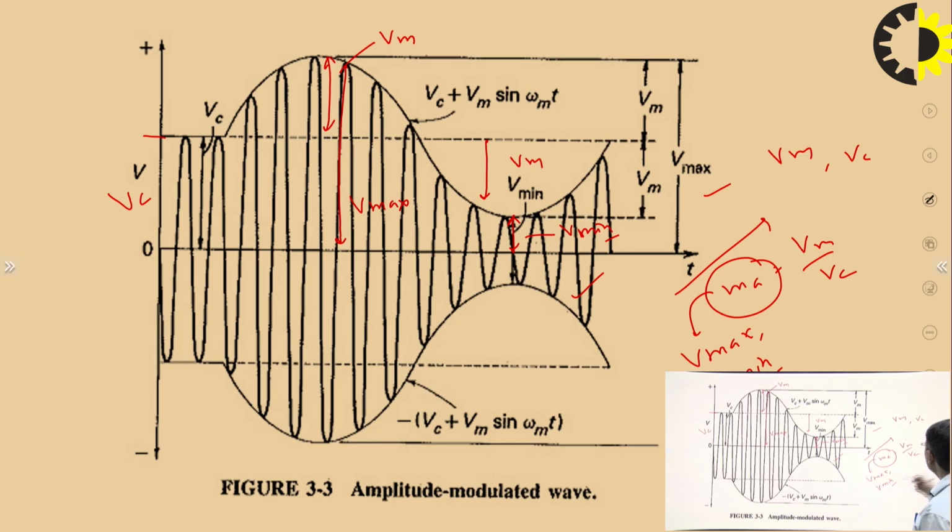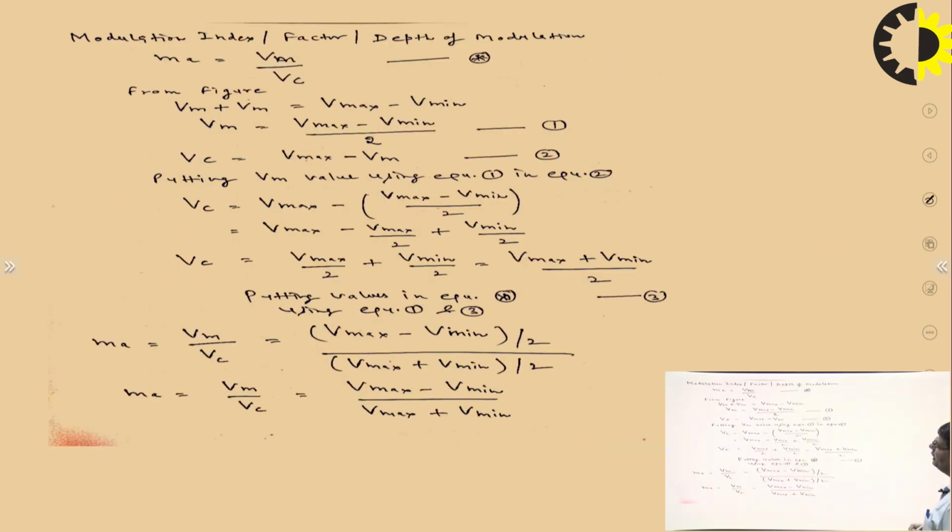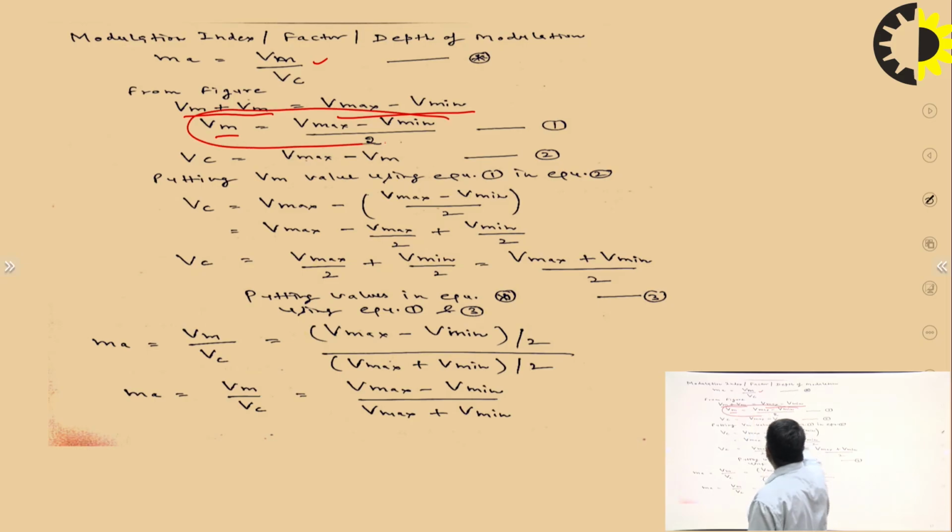Performing these calculations, we have the modulation index equal to Vm by Vc. From the previous figure, we have Vm plus Vm equal to Vmax minus Vmin, that is, Vm equal to Vmax minus Vmin by 2. Then we calculate Vc.